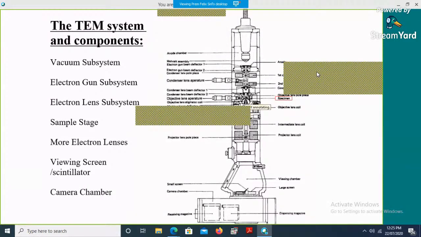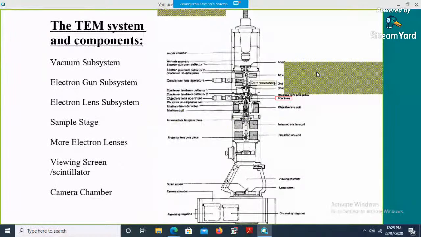The sample is inserted in the electron beam column. It's understandable because in SEM, it is the backscattered electrons or the secondary electrons which are detected, but in TEM, it is the transmitted electrons. So your sample sits in the middle of the electron beam column.